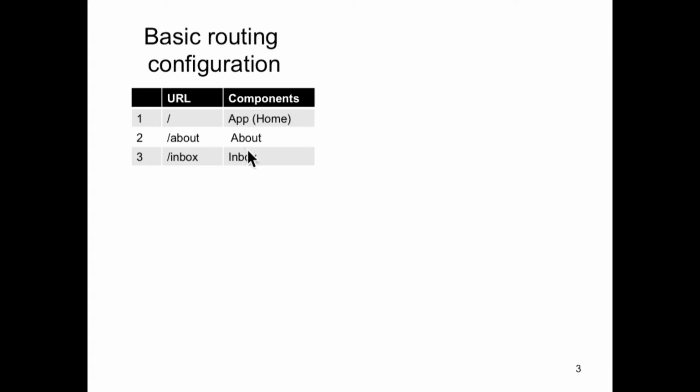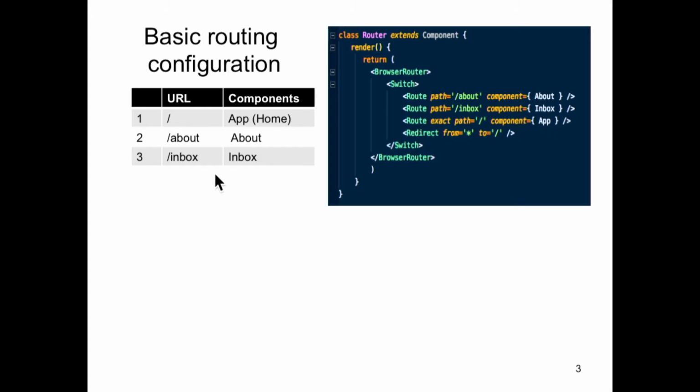And each of these components might have a whole series of child components as well. So you could potentially be mounting and unmounting a hierarchy of components. So how do I achieve that kind of routing logic in my code? The answer is you implement it in the form of a component. And here's a component, just like any other component before.